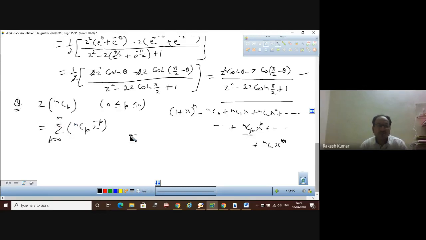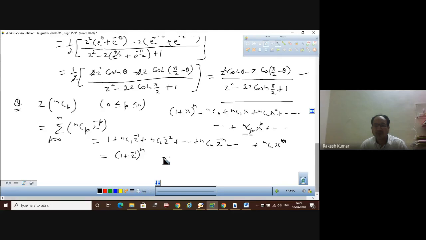This is the summation, and you can write 1 plus nC1 into z inverse plus nC2 into z power minus 2, plus up to nCn z raised to power minus n. By using the values, we are writing the terms. That will be (1 plus z inverse) whole raised to power n.